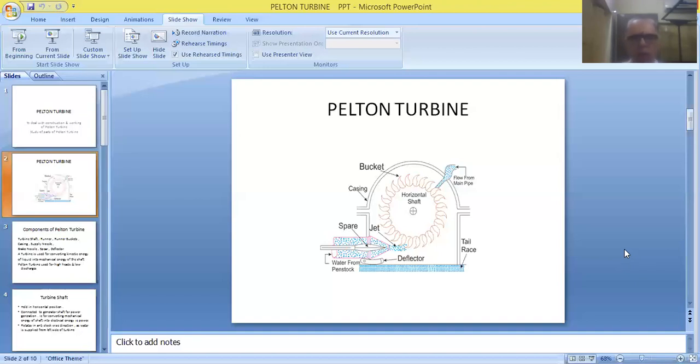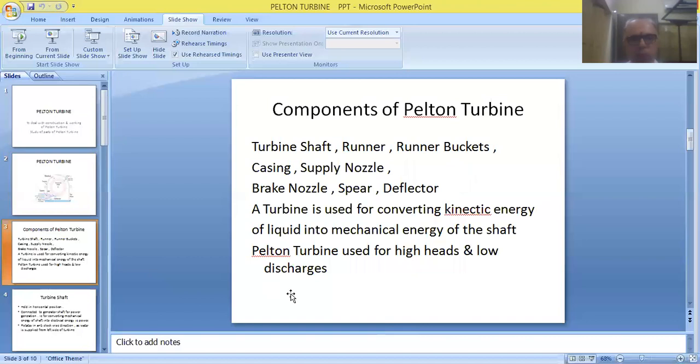So these are the different names given to the machine, and this is about the construction and working of the Pelton turbine. Now, let us make a quick review of the various components. So, components of the turbine: the shaft of the turbine, runner of the turbine, runner buckets.